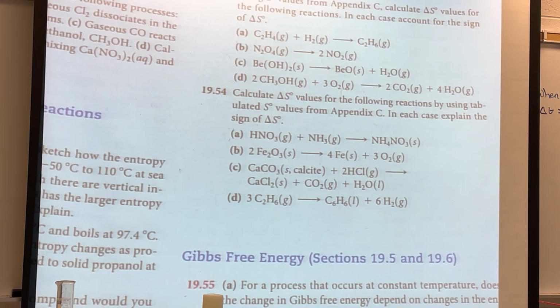All right, we're supposedly trying to do this using page 1100 in the back of the book. Products minus reactants. Let's see what you can do. Which one? Let's do 53. Let's do 53D since it has some coefficients.